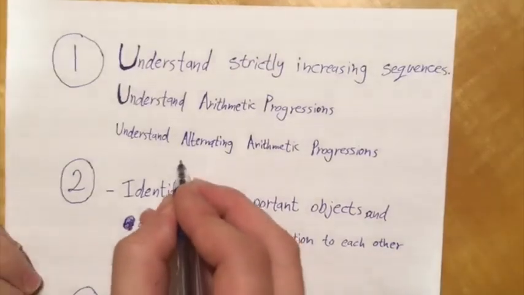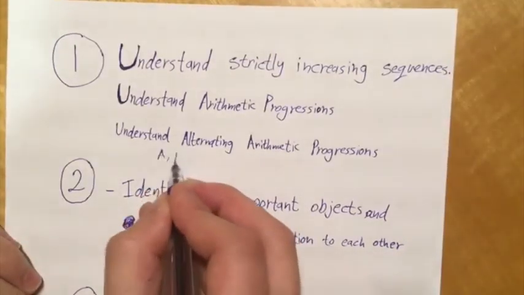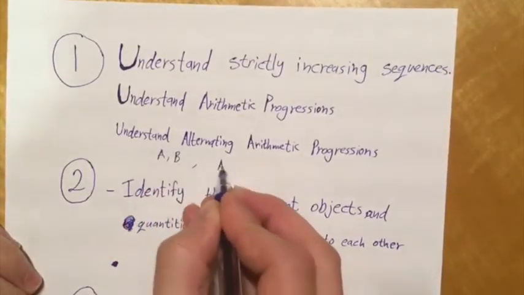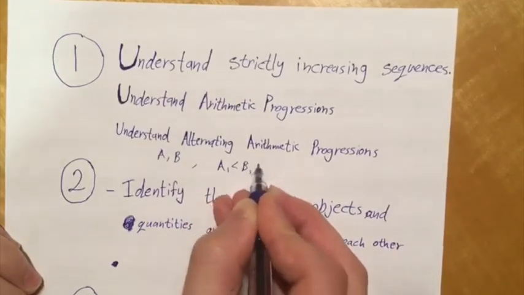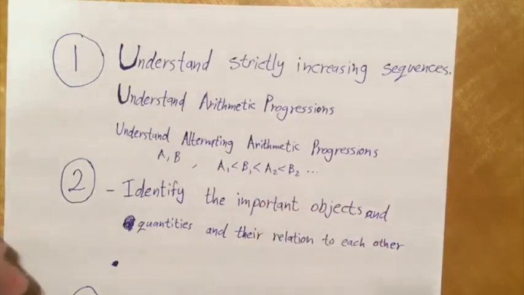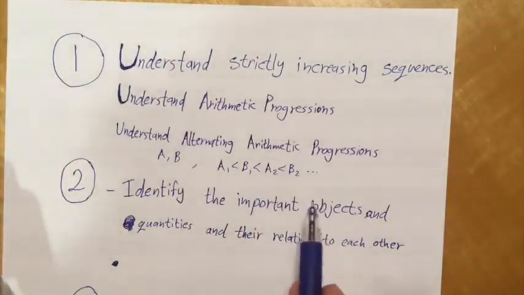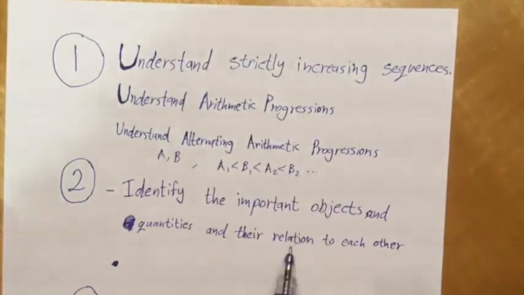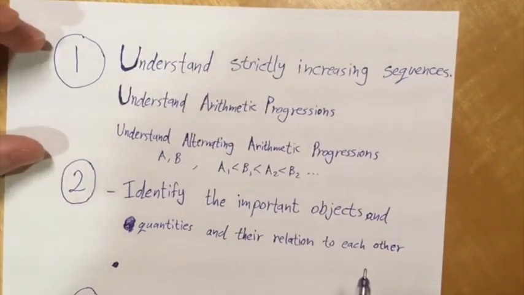So that would be arithmetic progressions A and B, such that A1 is less than B1, less than A2, less than B2. That's what we mean by an alternating arithmetic progression. So that would be the first part.